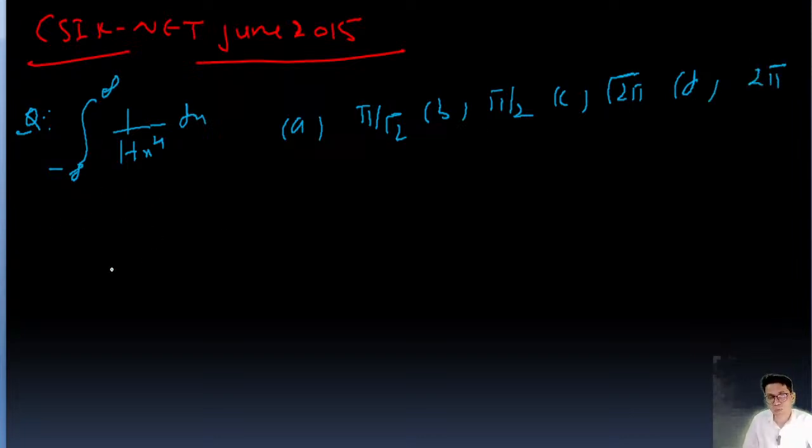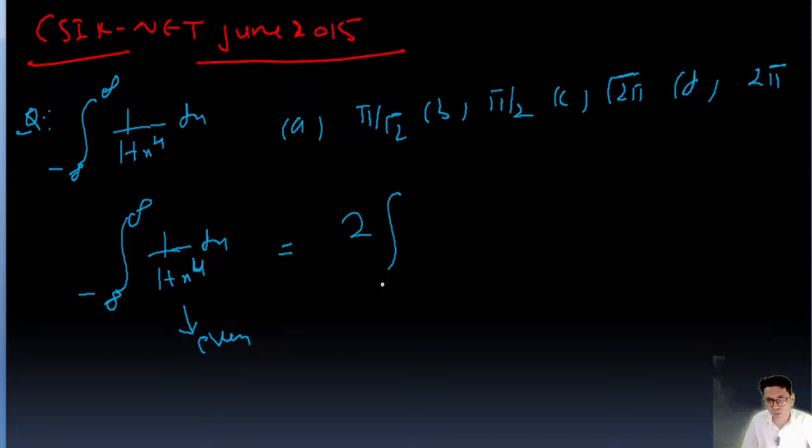Very simple, we'll use the trick. First, we can see that the integral from minus infinity to plus infinity of 1 upon 1 plus x to the power 4 dx is an even function, because x to the power 4 is always going to give a positive value. So we can break the limit, and this is going to be 2 times the integral from 0 to infinity of 1 upon 1 plus x to the power 4 dx. By the trick, the integral from 0 to infinity of 1 upon 1 plus x to the power n is pi by n cosec pi by n.